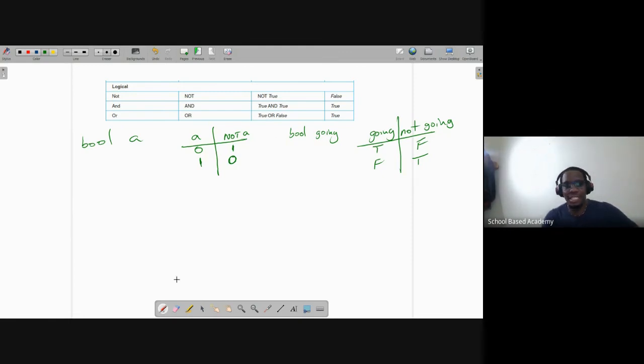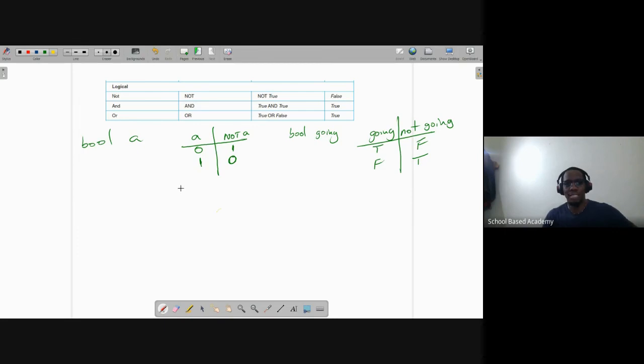In this instance, going is the variable, just like A is the variable here, and a variable can hold values. If the variable is going and it's of the type Boolean, then the 2 values it can hold are either true or false. When it is true, then not going is false. And if going is false, then not going is true.